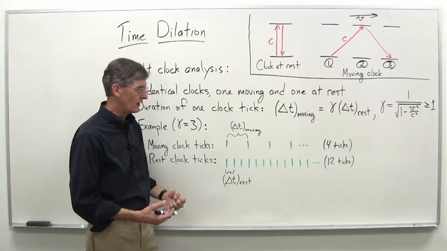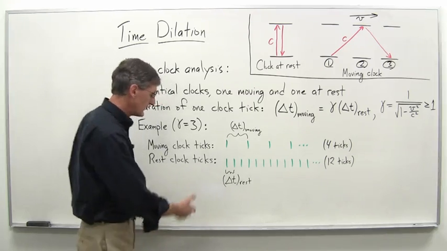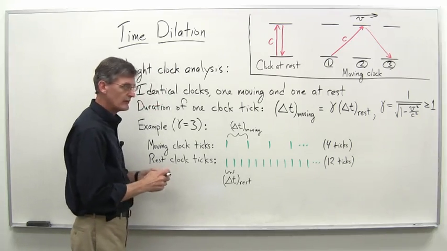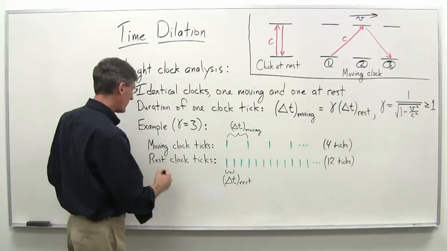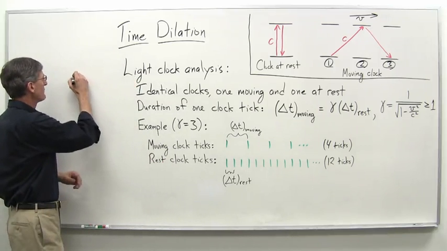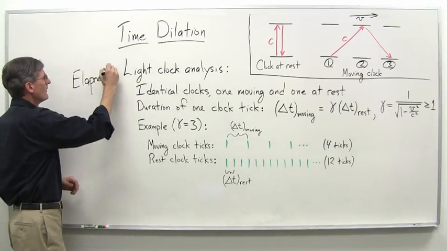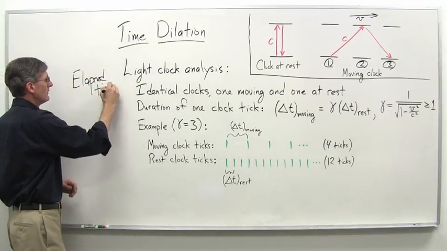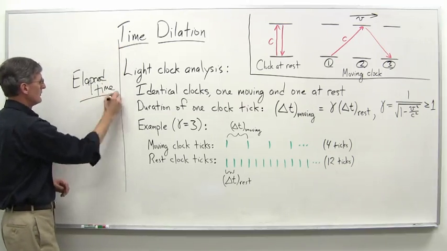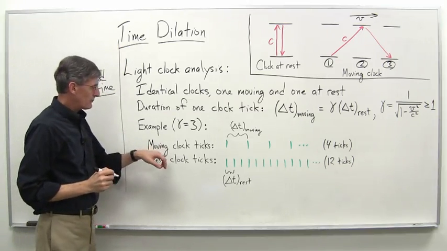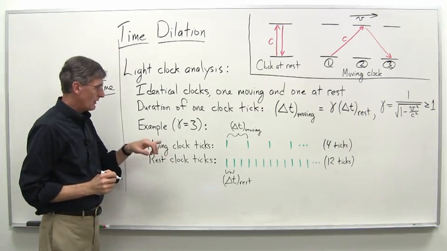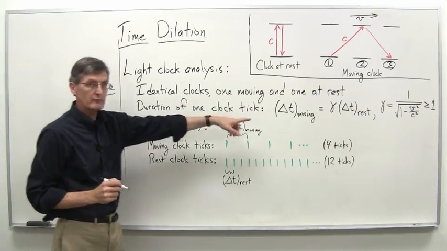And so that's why we're trying to make a semi-big deal of it here. But let's think about this a minute. We want an equation for elapsed time. So we'll do elapsed time. The elapsed time on the moving clock versus the elapsed time on the rest clock.